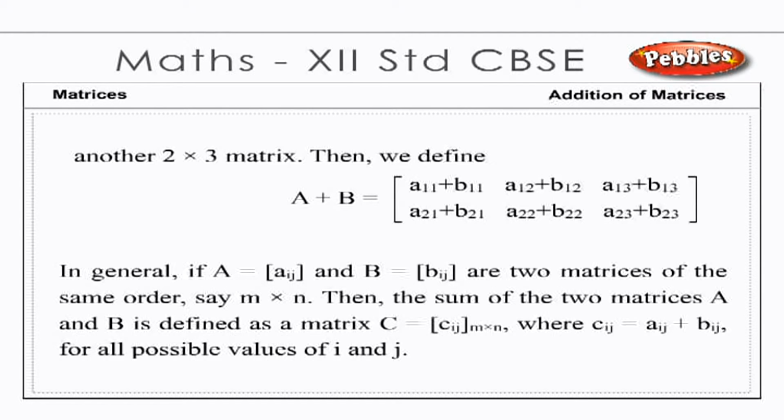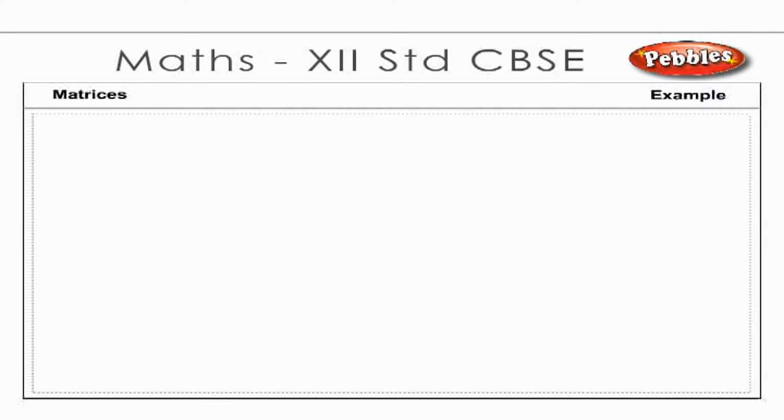In general, if A = [Aij] and B = [Bij] are two matrices of the same order, say M into N, then the sum of the two matrices A and B is defined as a matrix C = [Cij] M into N, where Cij is equal to Aij plus Bij for all possible values of i and j.